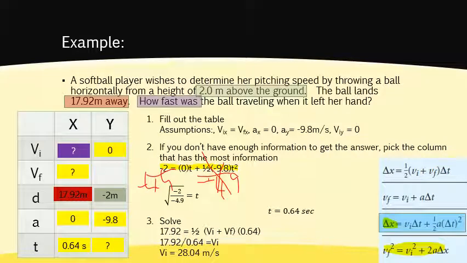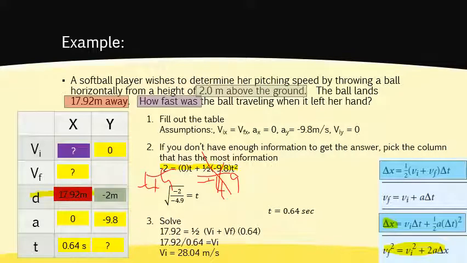Now we can solve. And we are going to solve using the top equation. That seems to be the simplest one. Now we have delta x equals 1/2 (vi plus vf) delta t. Now, filling in delta x, we have displacement in the x direction right here.